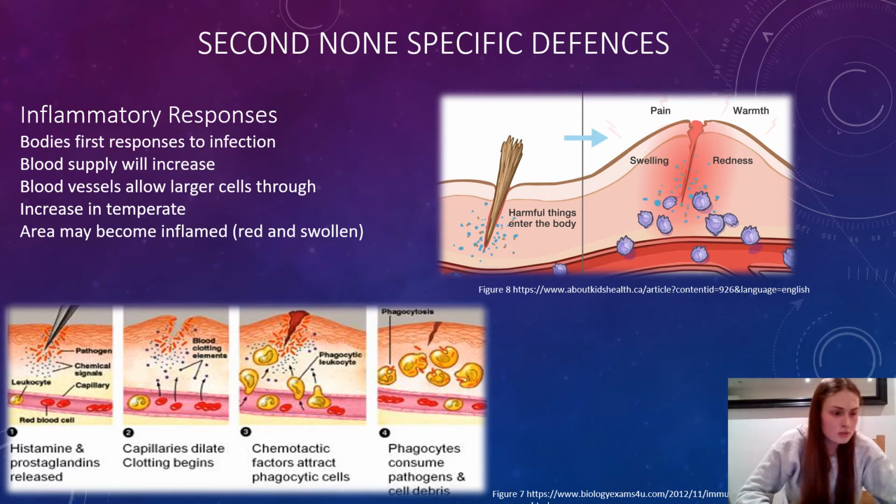The blood supply to the affected area will increase so that cells can reach the area quickly and destroy the pathogen. There is also an increased temperature, and the area may become red and swollen. As the pathogens are destroyed, pus is formed, and then they break down.